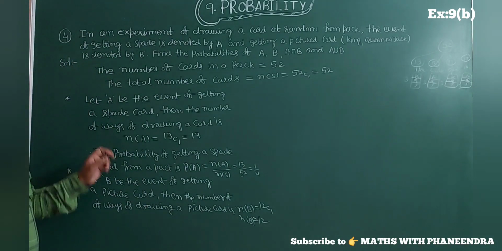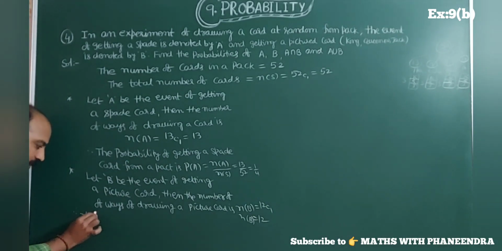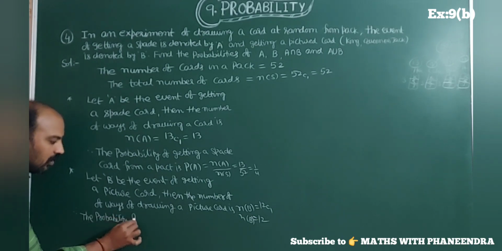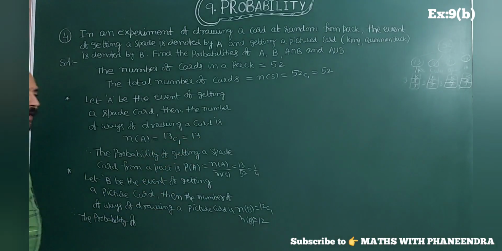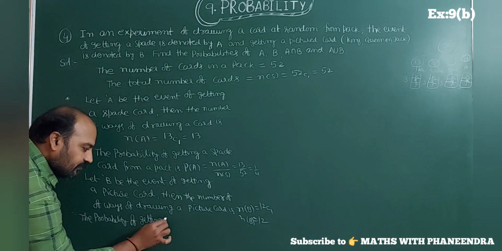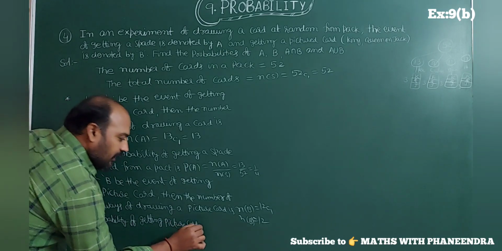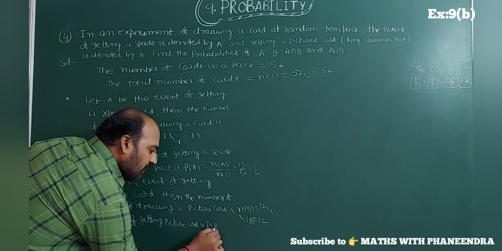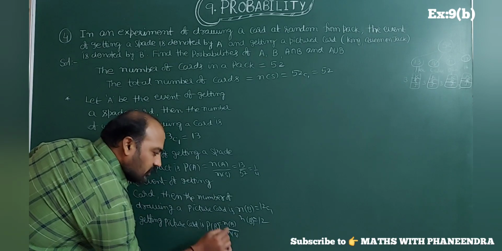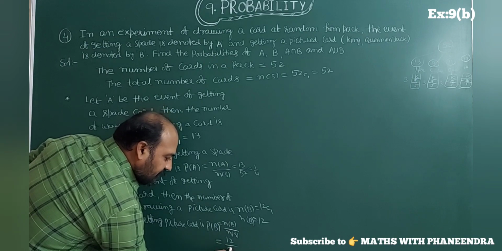So therefore, conclusion step here only I am giving. The probability of getting a picture card is P of B equal to n of B by n of S. n of B means what? 12 by n of S is 52.